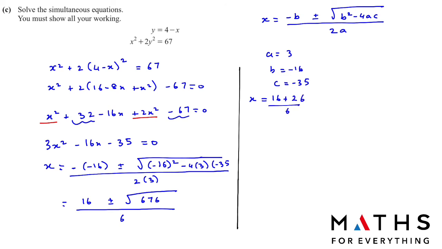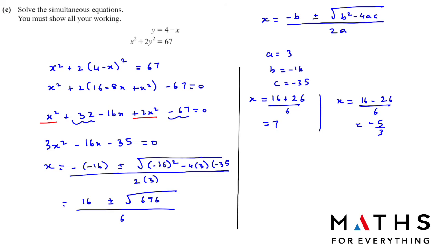Let's see what we get. We'll get x is equal to 7. And the other value of x will be 16 minus 26 over 6. That will be negative 5 over 3. It's a 6-mark question, so better to show more steps and make sure that you don't miss out on any mark. And it's not very difficult.